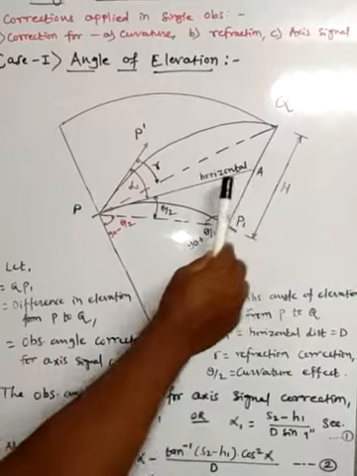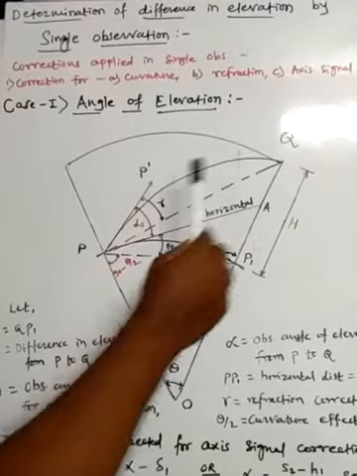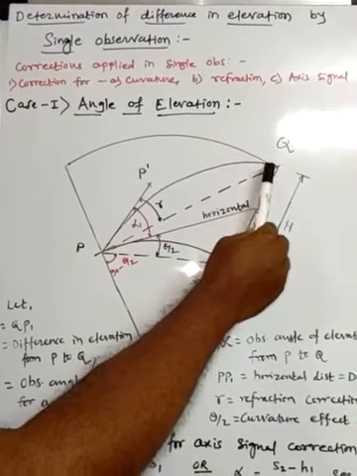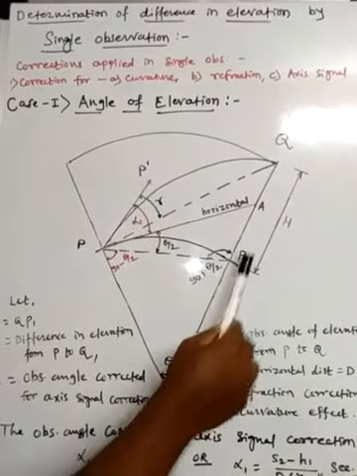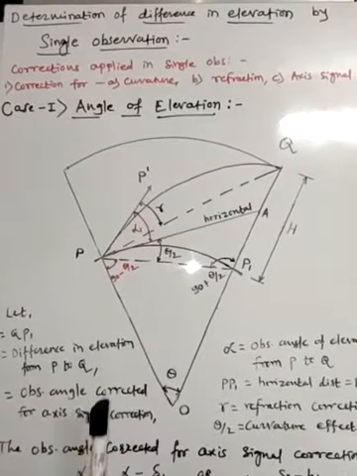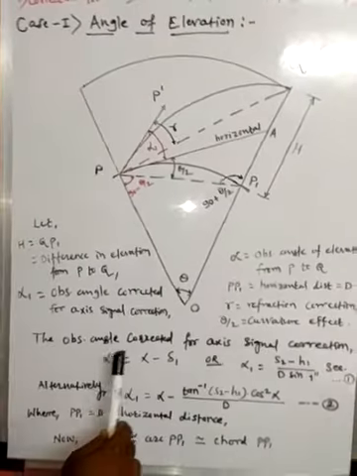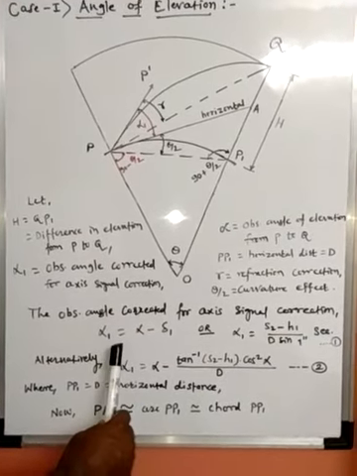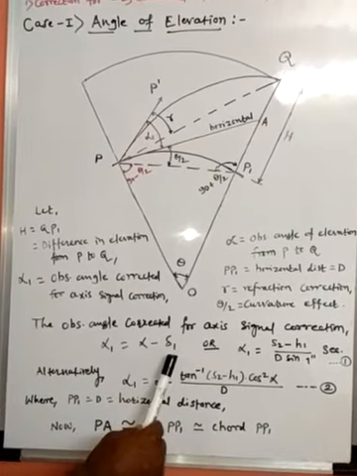This P to A is the horizontal line, P to Q is the object, and this is the instrument axis. So this must be a level line, and this is also a level line. H is QP1, the difference in elevation from Q to P1. Let's start with the axis signal correction, the observed angle corrected for axis signal correction, which was previously found as alpha 1 equals alpha minus delta 1.